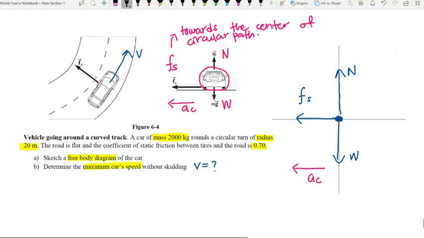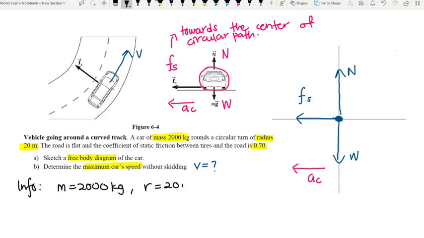So sebelum kita decide apa equation yang kita nak pakai, kita listkan terlebih dahulu information yang soalan berikan. Yang pertama sekali, the mass of the car is 2000 kg. Yang kedua, the radius of circular path is 20 meter. Dan yang ketiga, the coefficient of static friction is equals to 0.7.